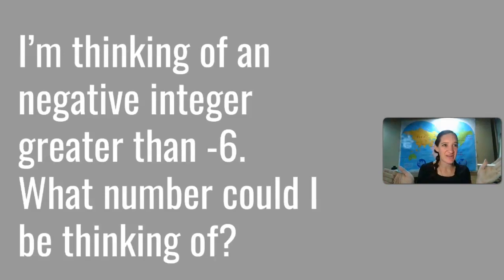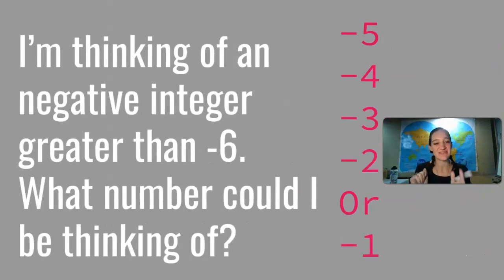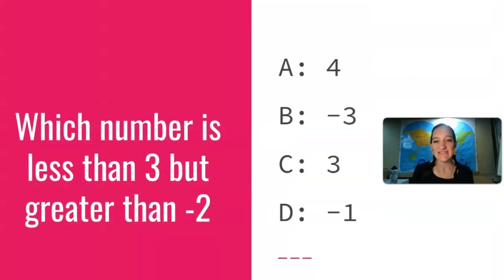But it can't be to the right of 0, right? Because then it would be positive. So it has to be a negative integer. So that means any number between 0 and -6, right? So it could be -1, -2, -3, -4, -5. And those are the negative numbers between -6 and 0. Okay? All right. Next question.